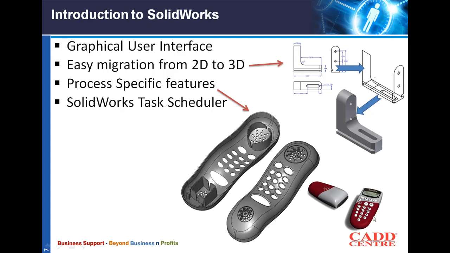And here you can see the shape has a lip, which is a provision to assemble two components. To create these types of plastic components, we require some specific features which you don't need to create. You can just call the feature and place it there. This is what we call process specific features.